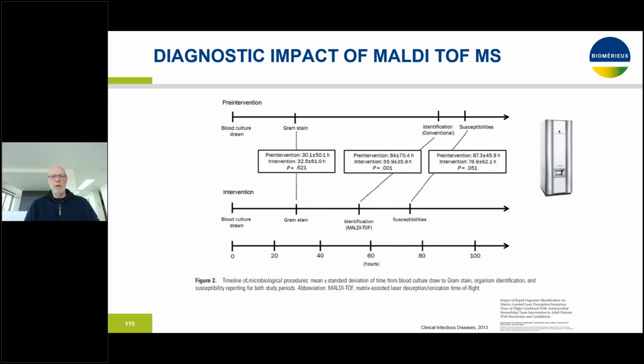Direct on-sample MALDI-TOF MS can be done with positive blood cultures and urine from patients with UTIs. And this has a very clear effect on the clinical impact. Already in 2013, papers appeared where people demonstrated that the shortening of the diagnostic period by mass spectrometry had a very clear effect on patient care.